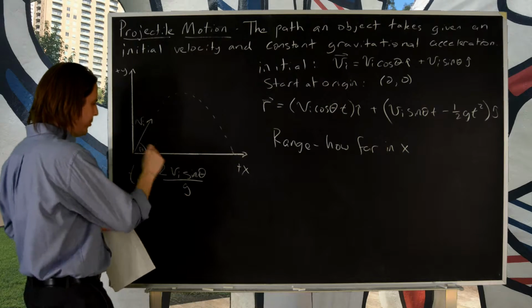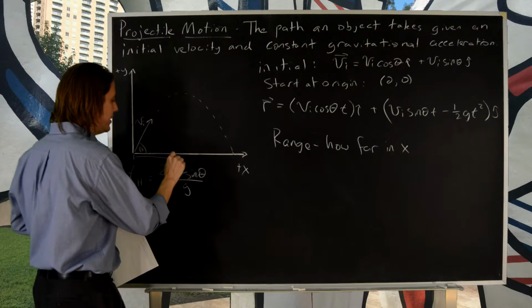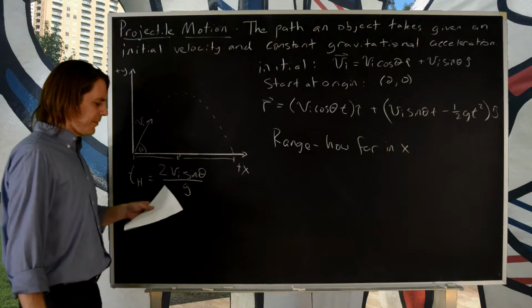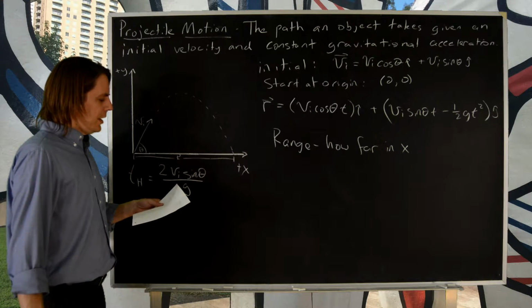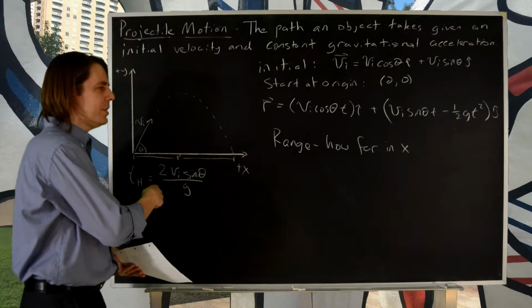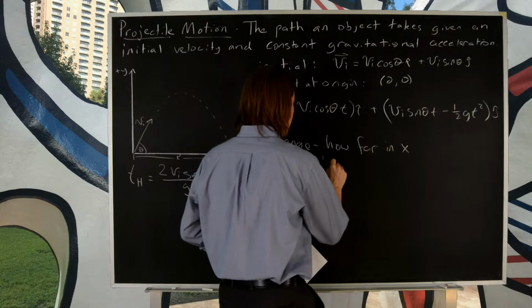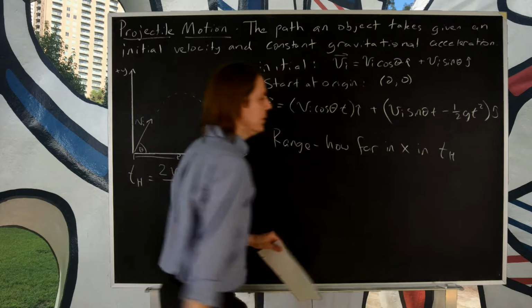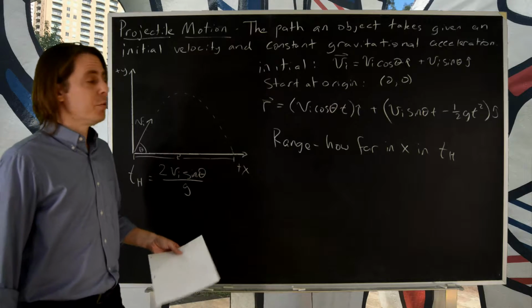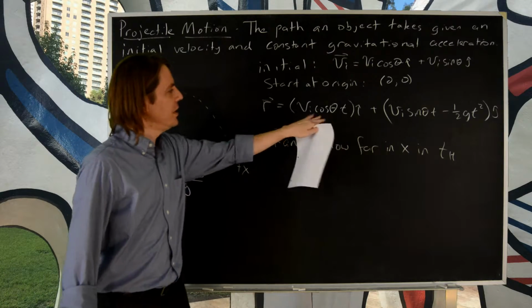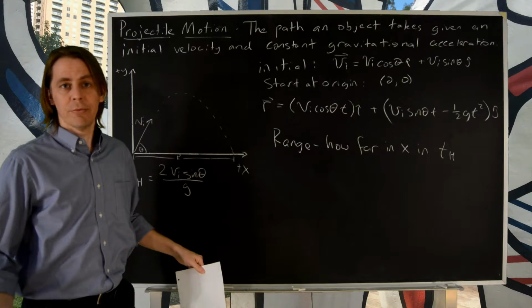All right, so if we're going to label the range on the drawing, it would basically be here, this distance. Okay. Let's see, how far did it go in x? Well, we already calculated the hang time, so it's really how far in x in th. So really, all you got to do is say how far did it go? What was the x position if we plug th in here? That's really all it is.